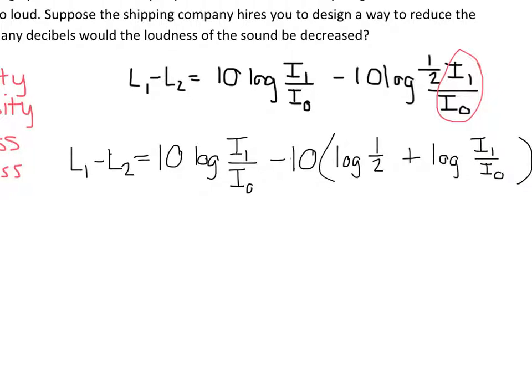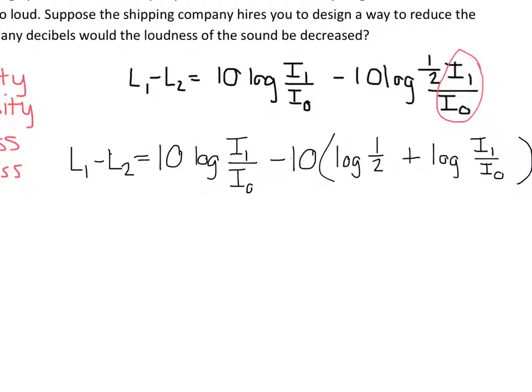You with me? So I left the negative 10 just in front, not dealing with that at this moment. But I just wanted to split the 1/2 away from the intensity 1 over intensity naught. So I broke them into 2 logs and there's addition between the 2 logs based on our product property that we learned on the front.